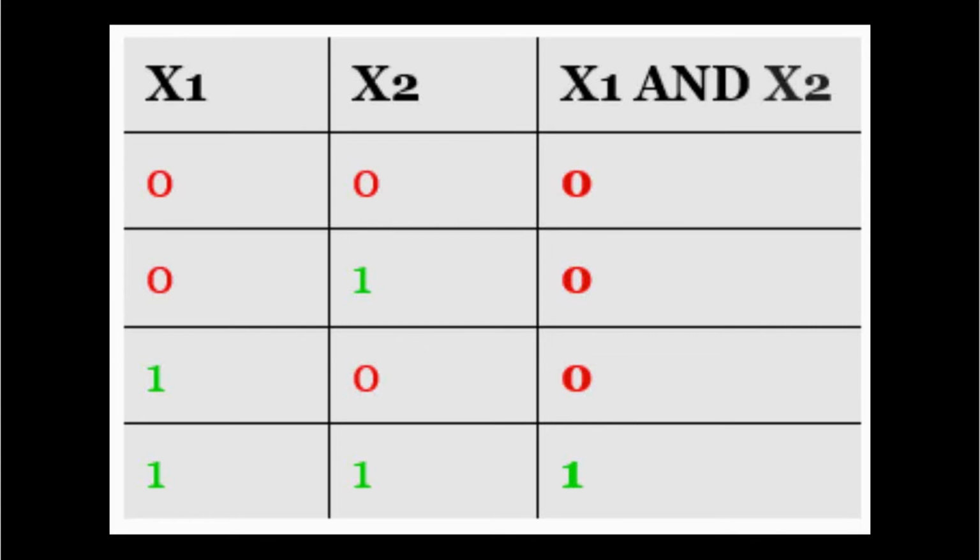Let's say that the initial values of weight 1 and weight 2 are 0.1 and the bias is 0. We will use a learning rate of 0.5. Now let's go step by step through this example and really see how the perceptron algorithm works.